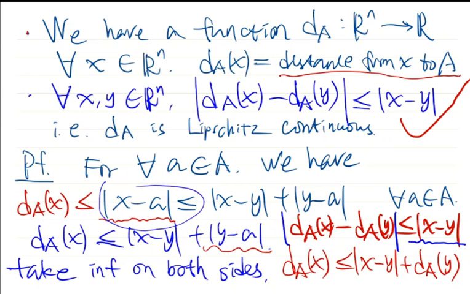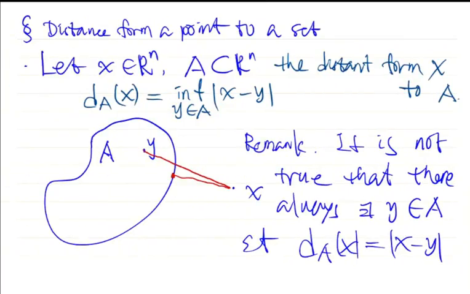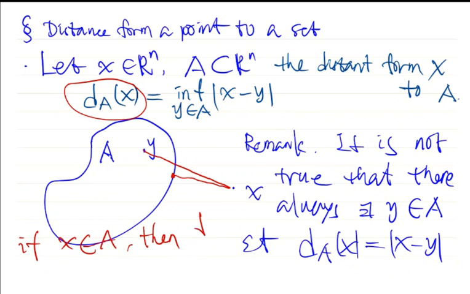Okay. And also from the definition of dAx, we see that if x belongs to A, then of course dAx is 0.